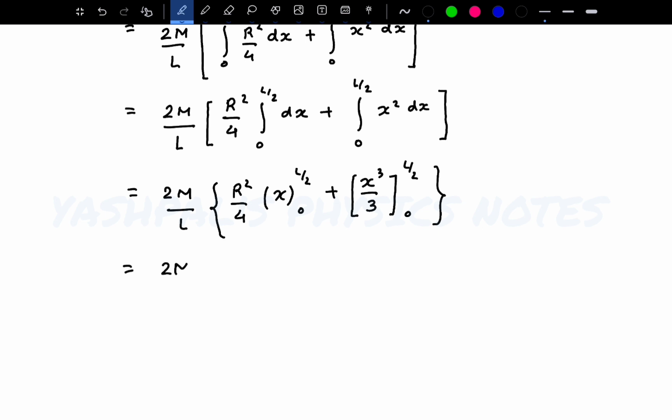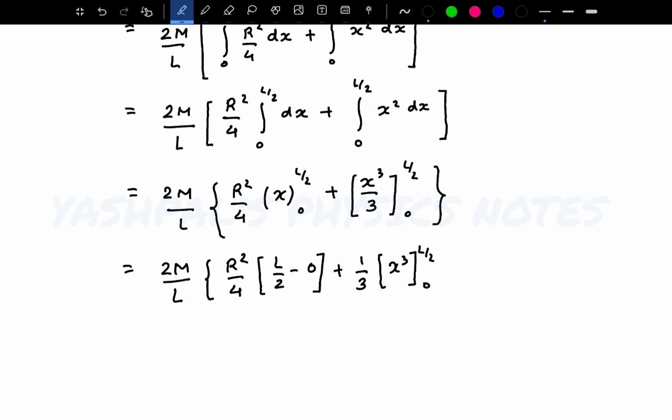Is equal to twice m upon capital L. Here R square upon 4. So here I can write L by 2 minus 0 plus. Now here I can take this 1 by 3 and I'm going to write x cube with limits L by 2 to 0.